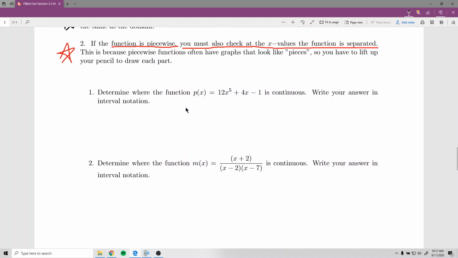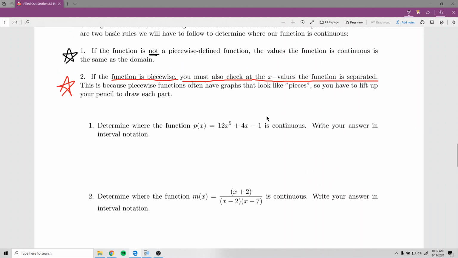Alright, so what we're going to do in these couple of problems here, I only have two as you can see, because there's not many other things we're going to need continuity for as we work through the class. We want to determine where the function p of x equals 12x to the fifth plus 4x minus 1 is continuous.